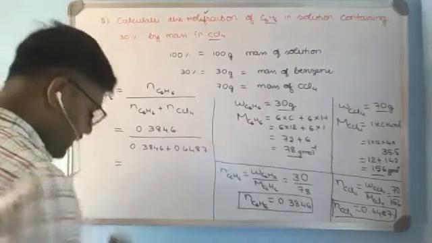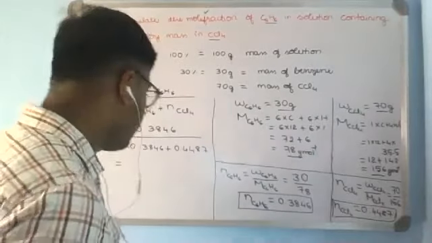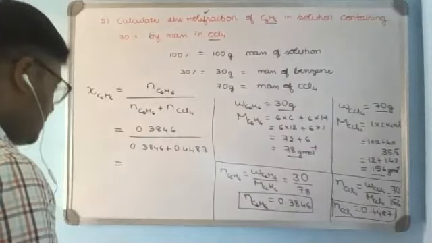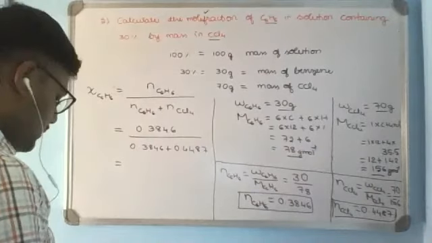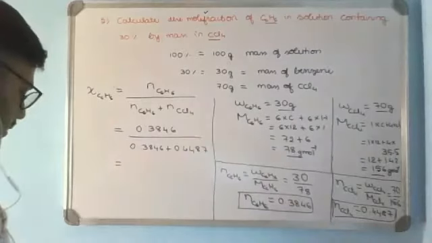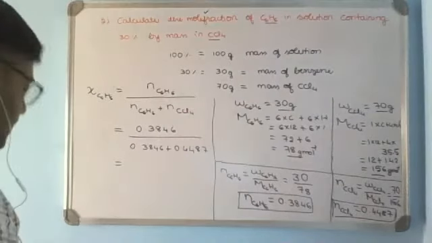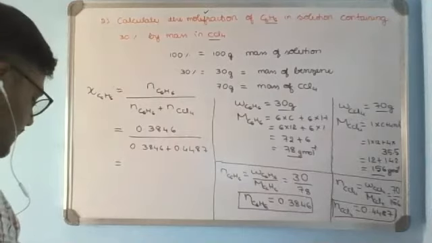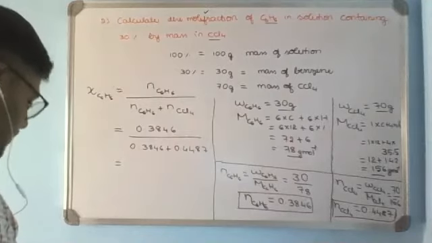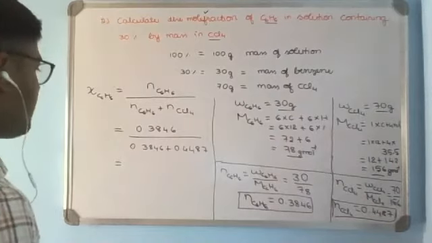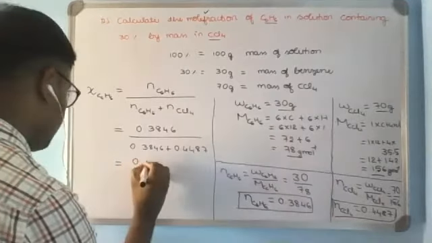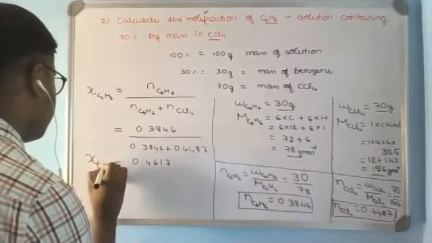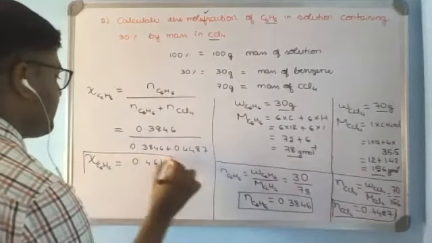If we simplify this, 0.3846 plus 0.4487 is 0.8333. So 0.3846 divided by 0.8333 is equal to 0.4617, which is the mole fraction of benzene in the given solution.